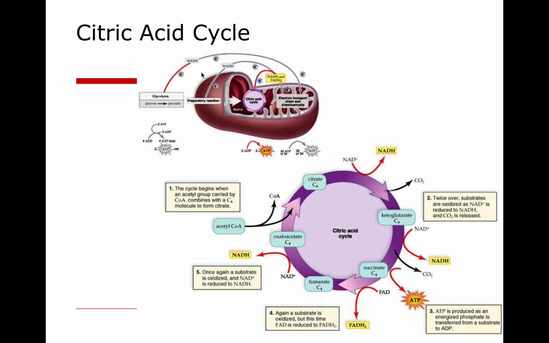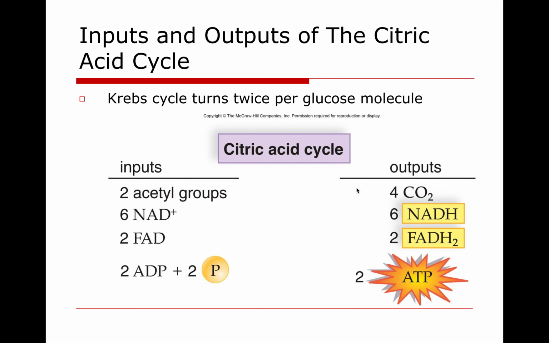The citric acid cycle happens in this space, and it gets really complicated, okay? So I didn't want to dig into it. I feel like if I'm not there, I can't make you learn that, okay? But this is an easier diagram. The Krebs cycle turns twice per glucose molecule. Why?